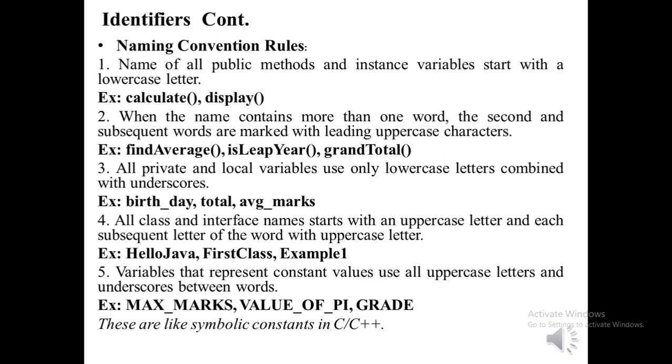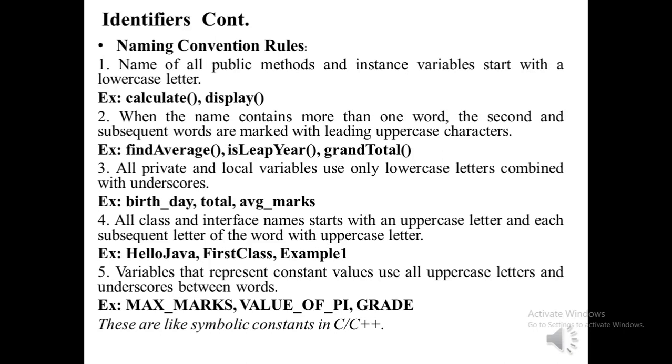The next one is that all private and local variables use only lowercase letters combined with underscores, such as birth_day, total, average_marks. The next one is that all class and interface names start with an uppercase letter, and each subsequent word also starts with an uppercase letter. For example, HelloJava, where H is uppercase and J is uppercase.